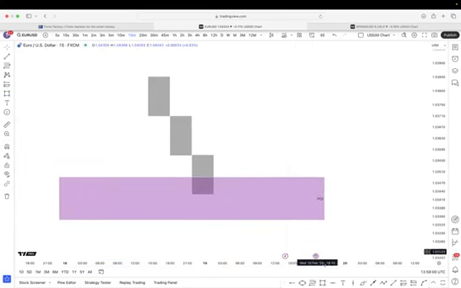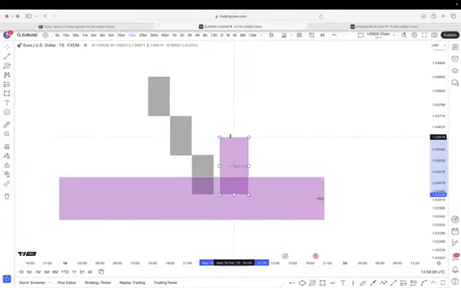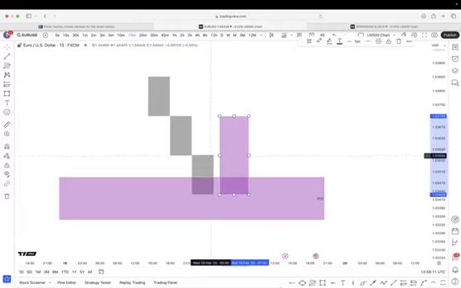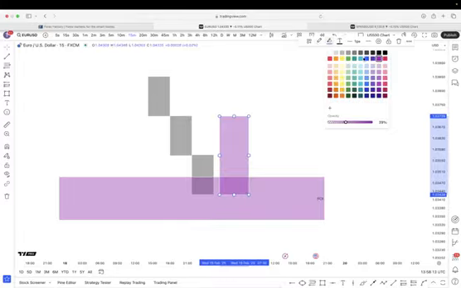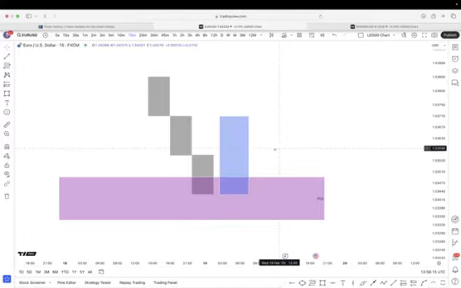But inside this level, if the next candle, bear in mind this is the closing point, comes and opens here and it completely engulfs the entirety of this last candle and turns bullish, even before price has moved higher, this now is a valid order block.